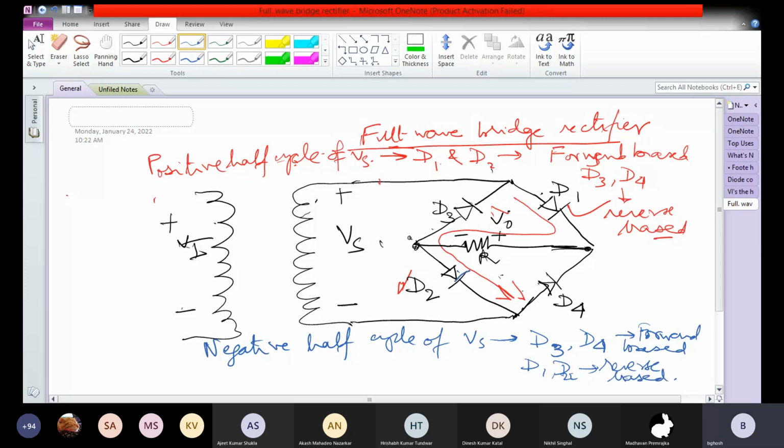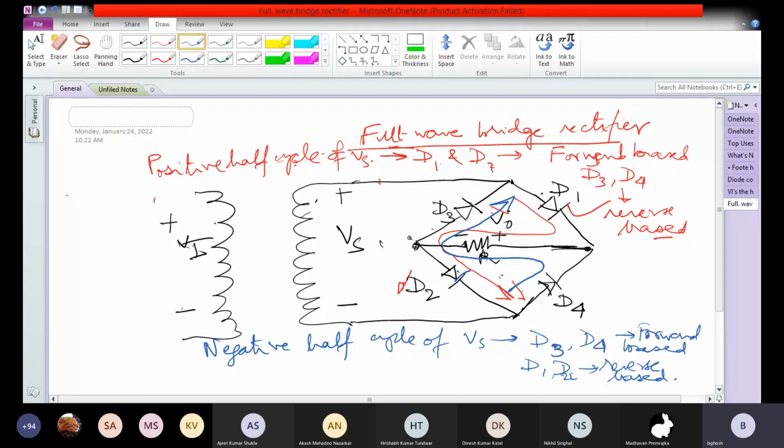So the current is going to conduct again in this fashion during the negative half cycle. So the current through R follows the same path. The drop across R is of the same polarity, regardless of the polarity of Vs.